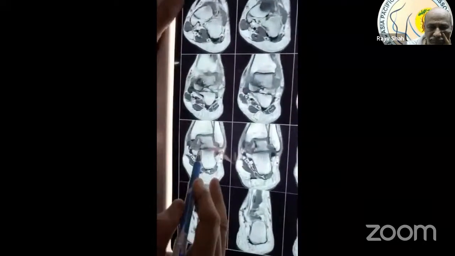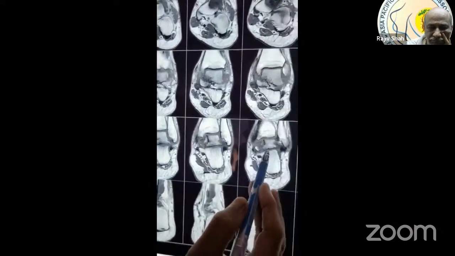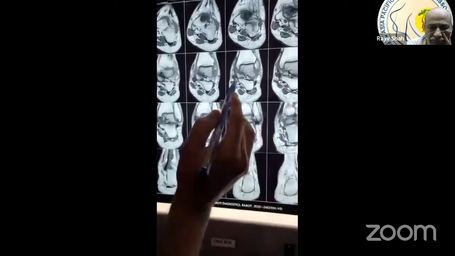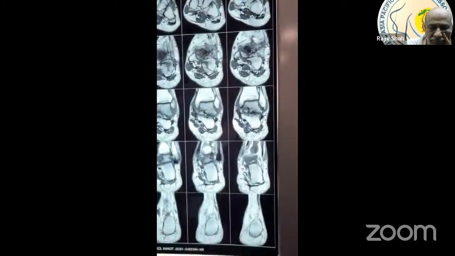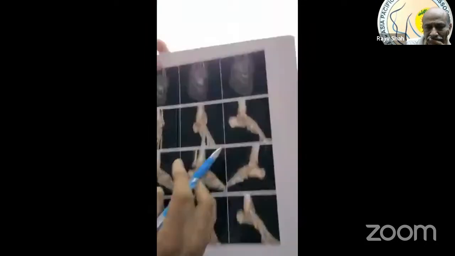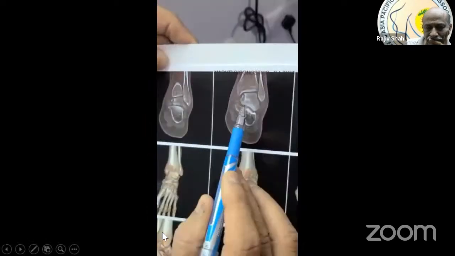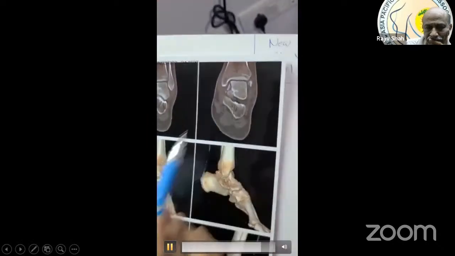The MRI showed some loose pieces, and there were bigger fragments on the medial side. Looking at this MRI, that surgeon also got a few images of CT scan, which, if you can see here, also shows a comminuted fracture of the medial side of the talus.